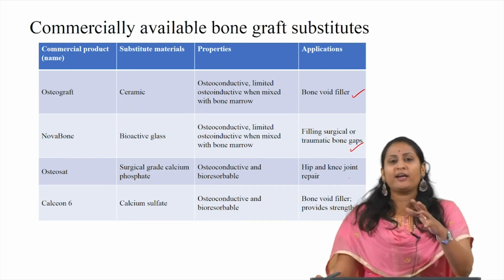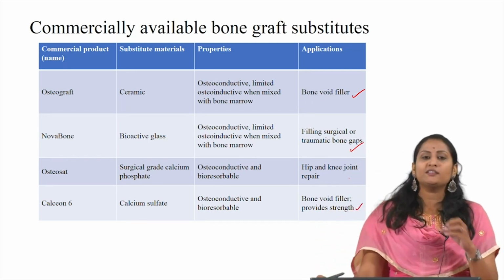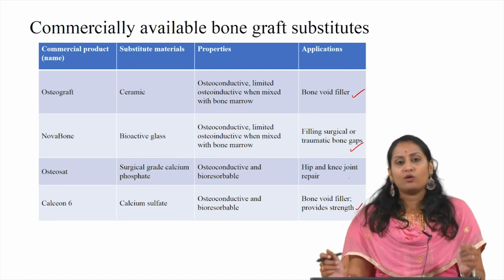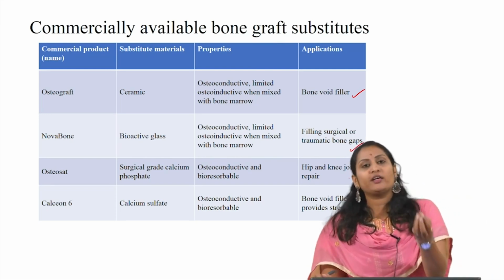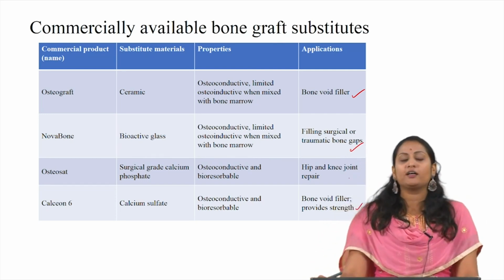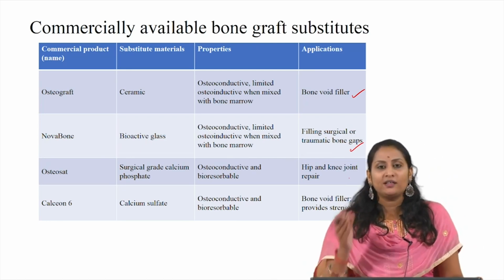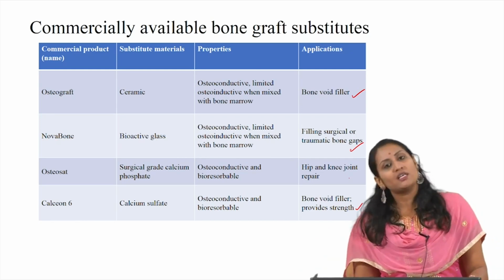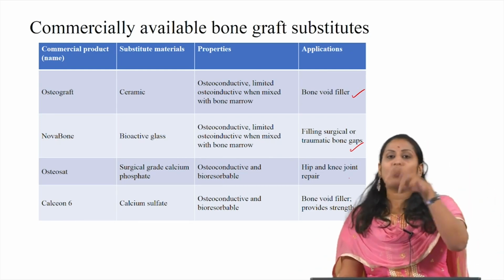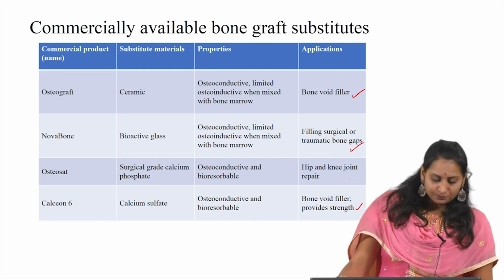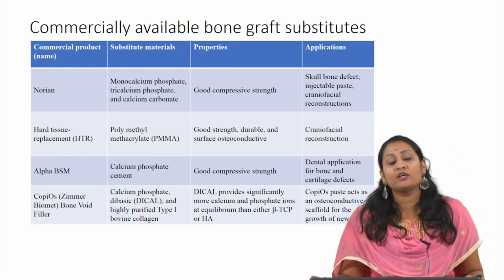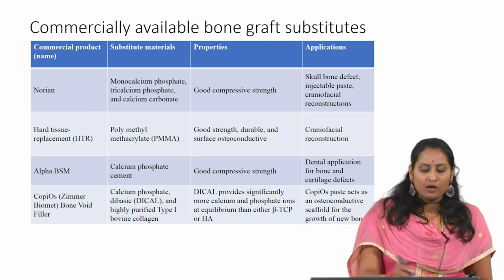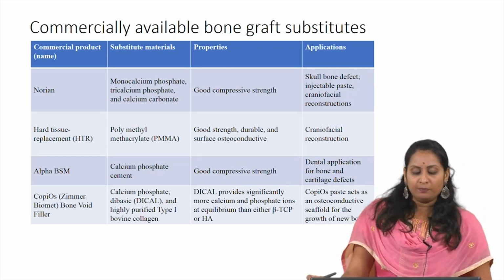Ceramic based materials are very much used in bone graft substitutes, because we already know that bone is a composite material made up of inorganic hydroxyapatite, which again comes under the ceramic family, as well as the organic collagen matrix. So there are many works based on ceramic based materials.